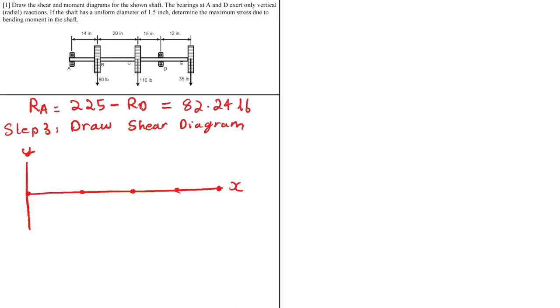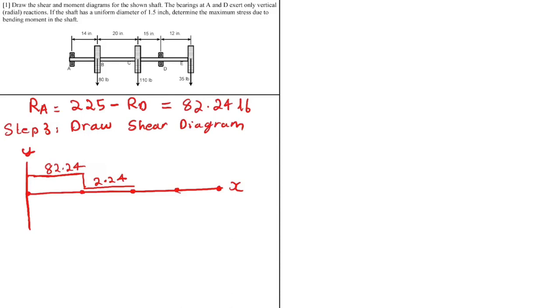So at A, RA is equivalent to 82.24. Let's draw a straight line. I mentioned this is 82.24. And at FB, it is 80 but in the negative direction, so we have to go down and continue this way. 82.24 minus 80 is 2.24. Then we further go down by 110.